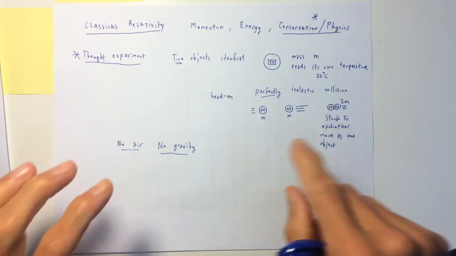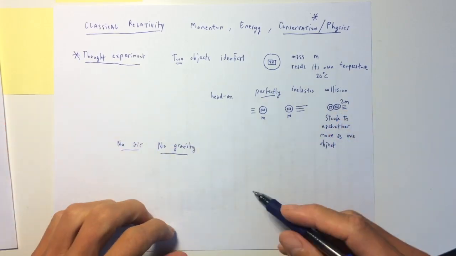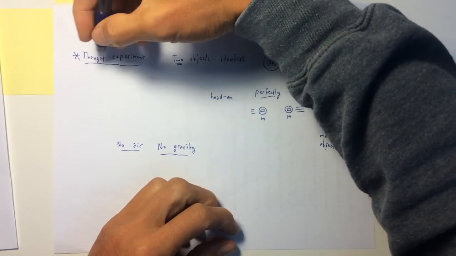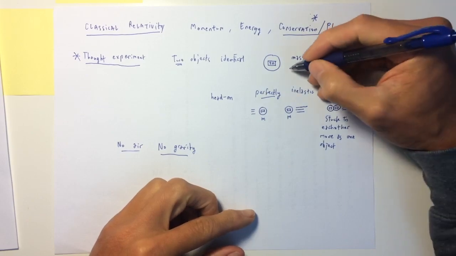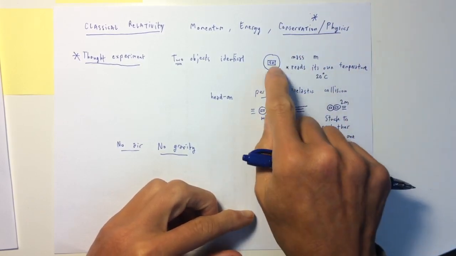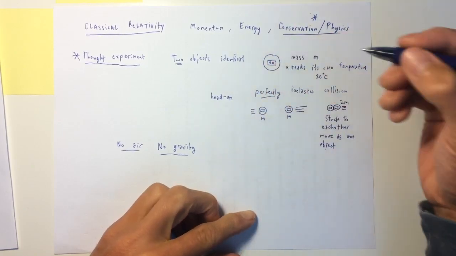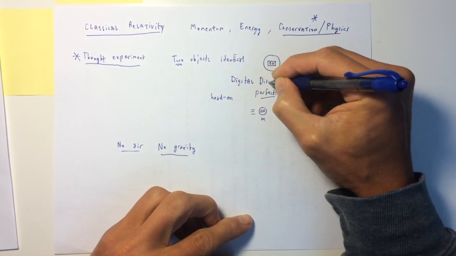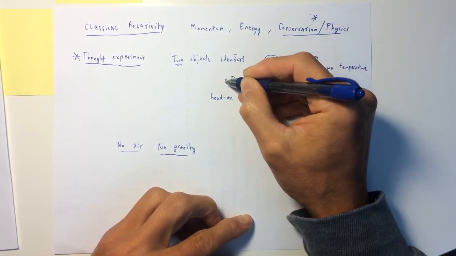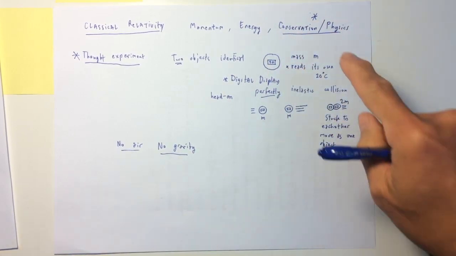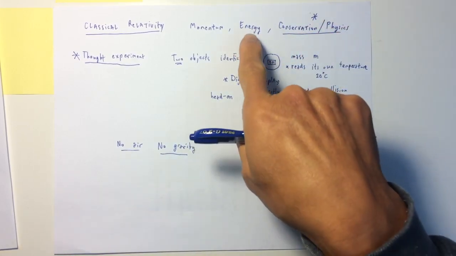So I have a thought experiment, the most simple version of thinking about this. The unrealistic expectation of this thought experiment is maybe thinking about an object that can read out its own temperature, that it has some digital display. But I think it's interesting to have this digital display because I want to talk about the conservation, in particular, of energy.